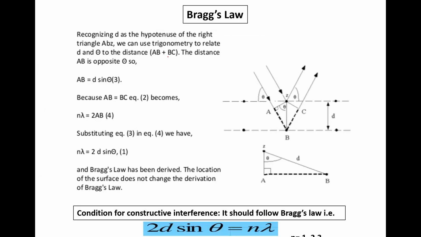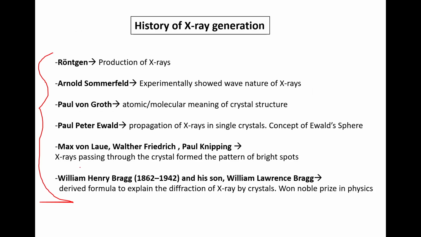Now let me explain Bragg's law. From here, if you see, William Henry Bragg and his son got the Nobel Prize in physics for explaining the diffraction of X-rays by crystals. They did that theoretically.